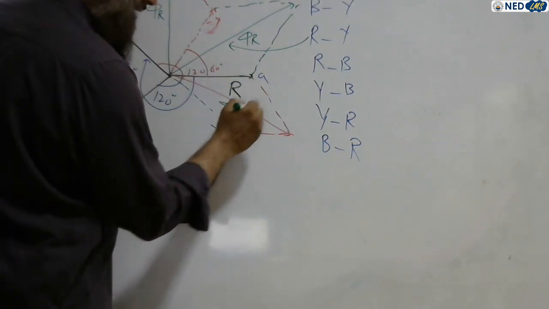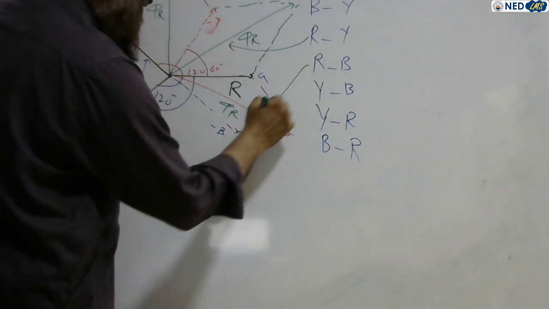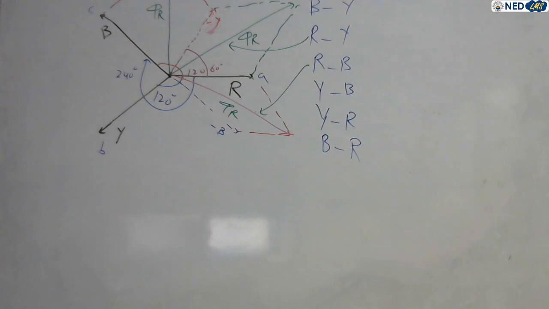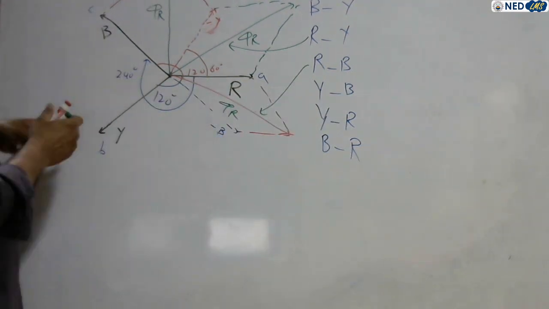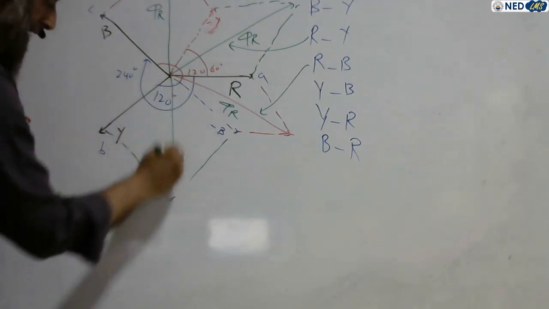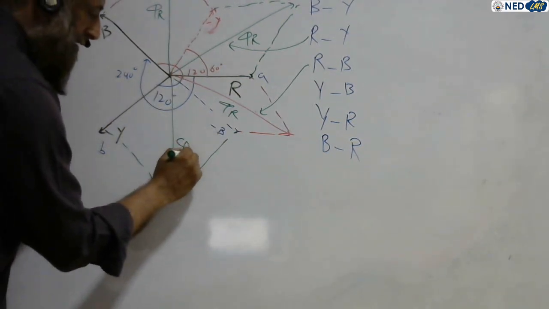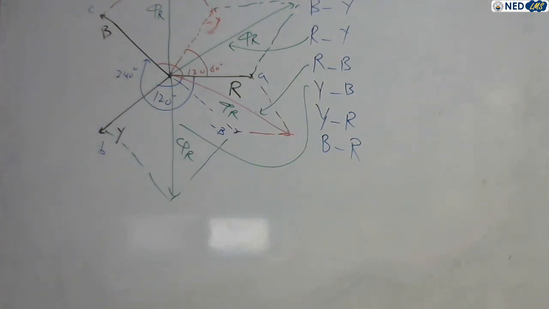This is red minus blue. In the next case you have yellow minus blue: this is yellow, this is minus blue, and the resultant comes over here.